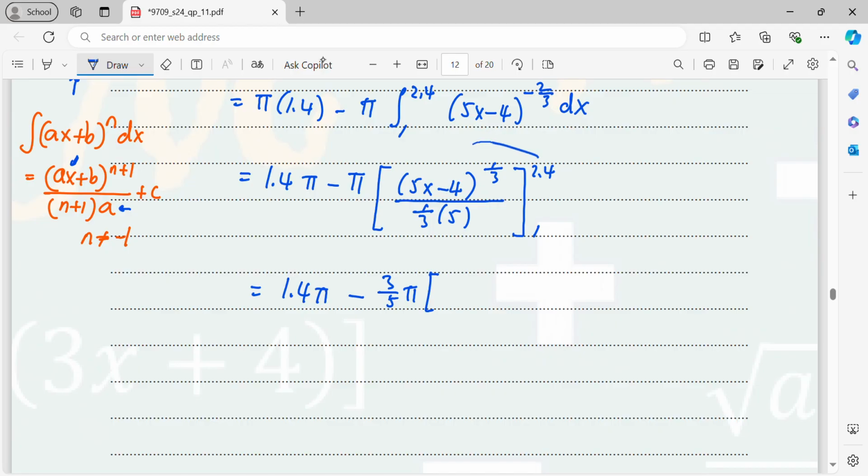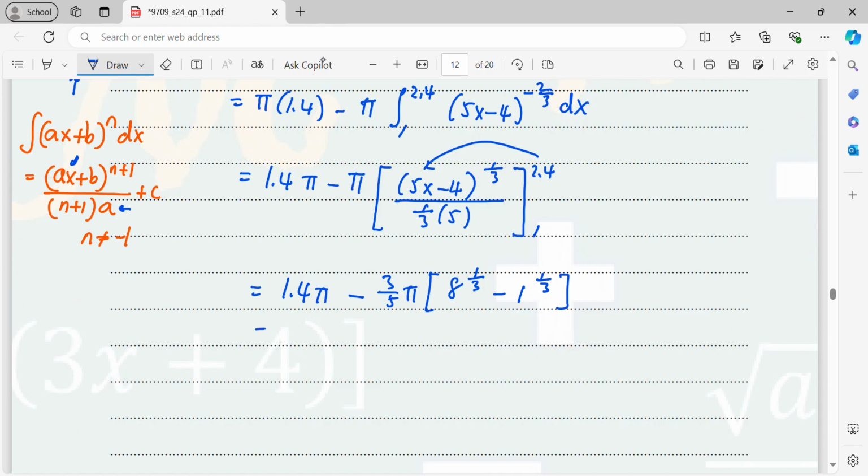Okay, and replace the x by 2.4. So I will get 5 times 2.4 minus 4, that is 8. Then power 1 over 3. Then minus, when the x is replaced by 1. So that is 5 minus 4, that is 1 to the power 1 over 3.